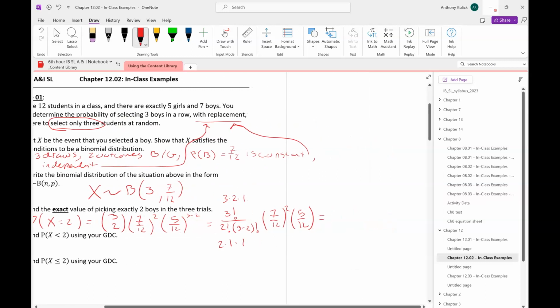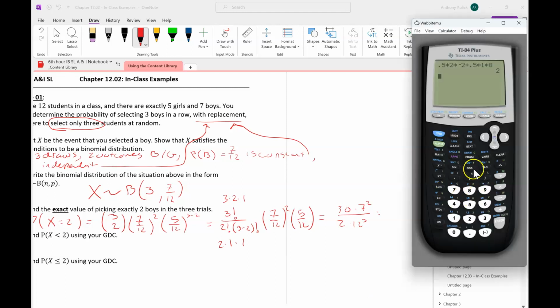So if we multiply this across, I have 2 times 12 to the third on the bottom. And on top I have 3 times 2, that's 6, times 5 is 30, times 7 squared. Now I'll go to my calculator and grind that the rest of the way out.